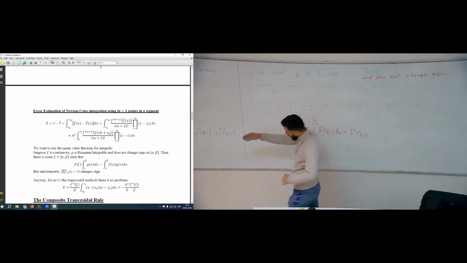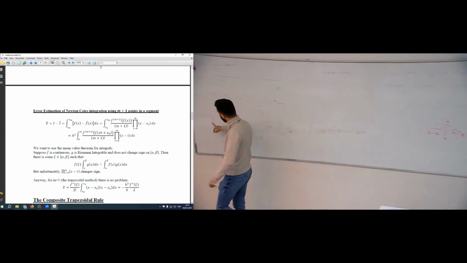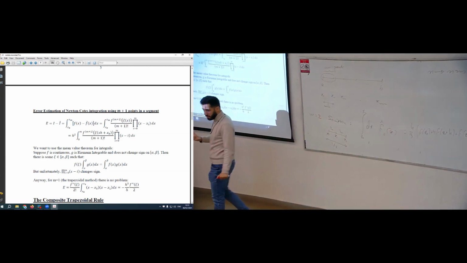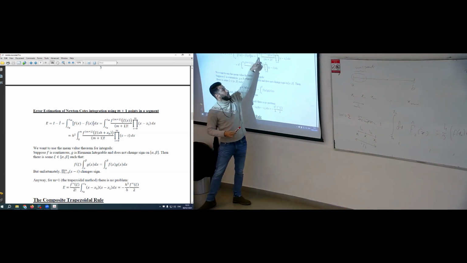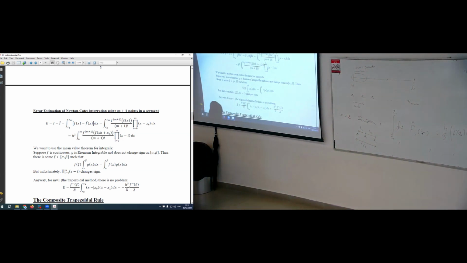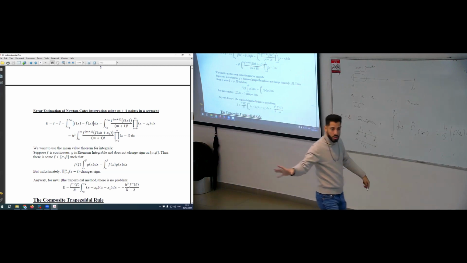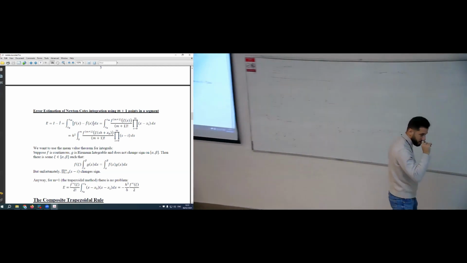So with m equals 2, I have a problem, but I can solve it. I can say that this integral from x0 to xm is the integral from x0 to x1 plus the integral from x1 to x2. Okay, and in these segments, this g is constant. It doesn't change sign.